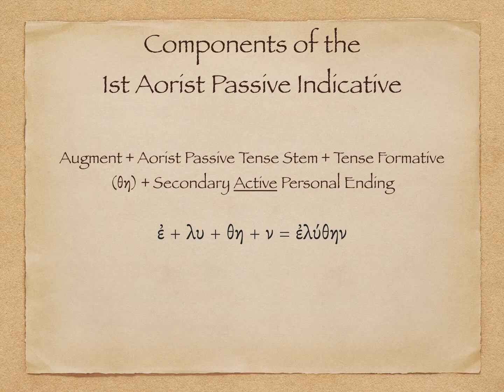The tense formative is something new. The first aorist active tense formative, do you remember? Sigma alpha. Here, theta and eta. But perhaps the most nuanced feature of the first aorist passive is that it uses the secondary active personal endings.